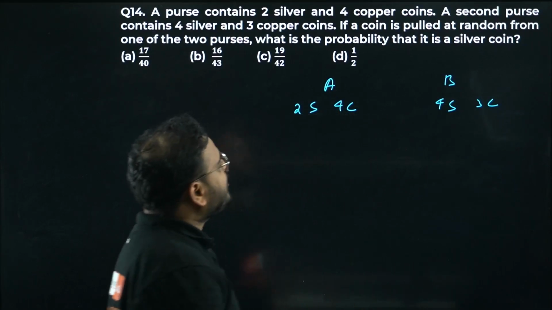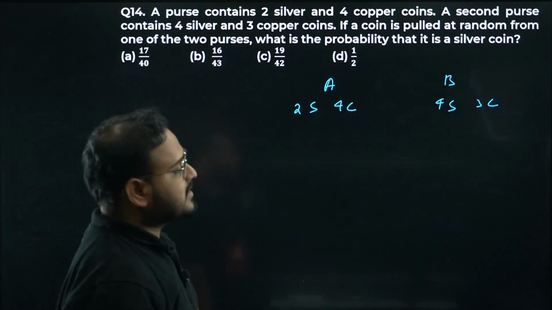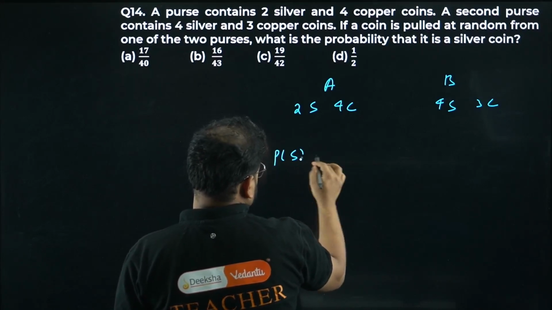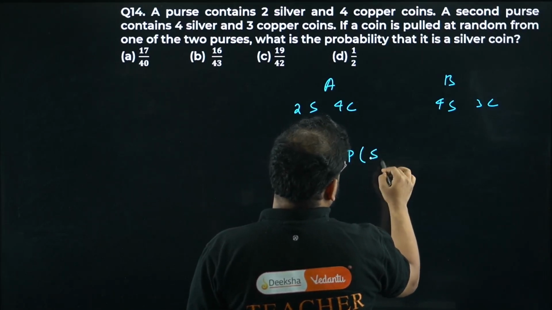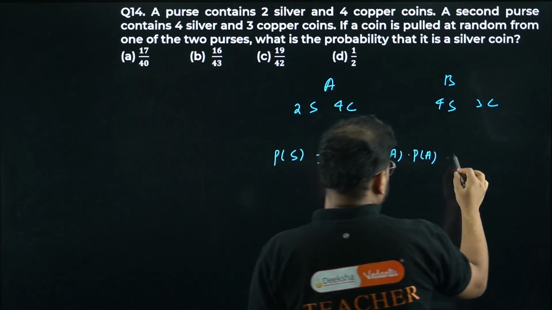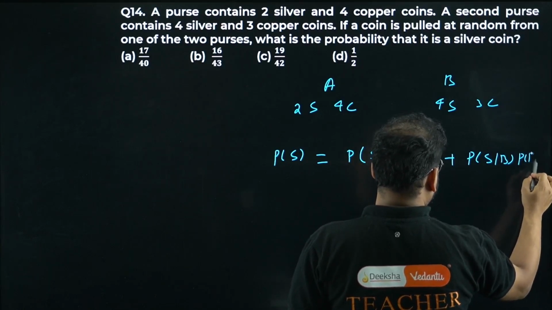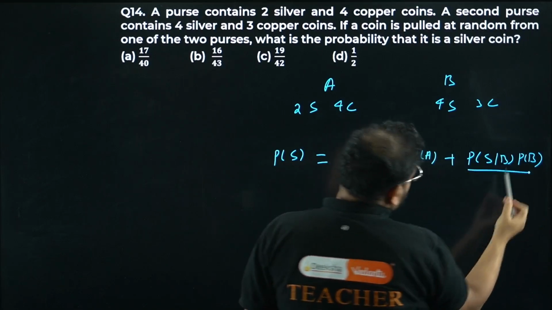If a coin is pulled at random from one of the 2 purses, what's the probability that it is a silver coin? Basically, I'm looking for a silver coin, right? So silver from purse A times purse A, and silver from purse B.